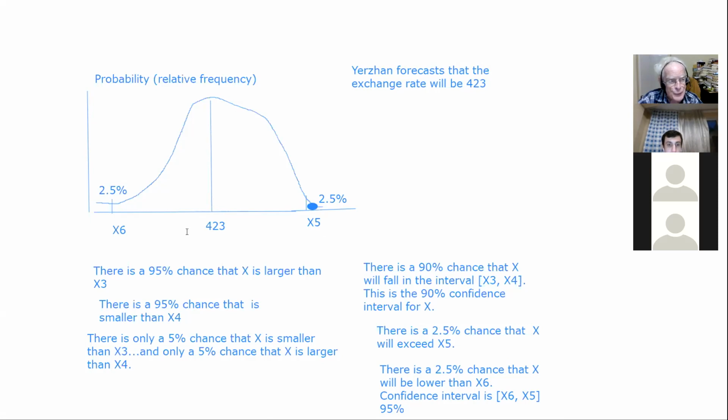That estimate is based on a sample of past observations. Now, they have seen that the actual exchange rate in the real world, not just in the sample, the actual exchange rate is 426.